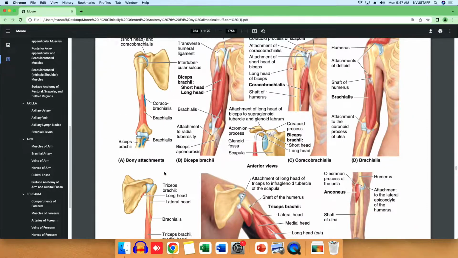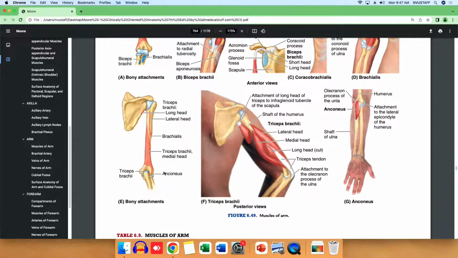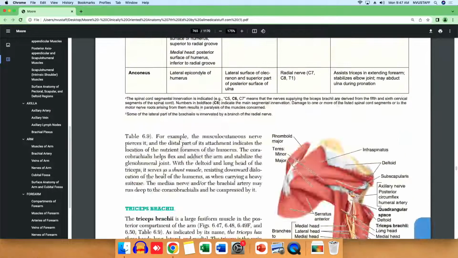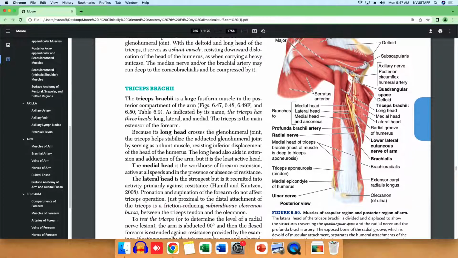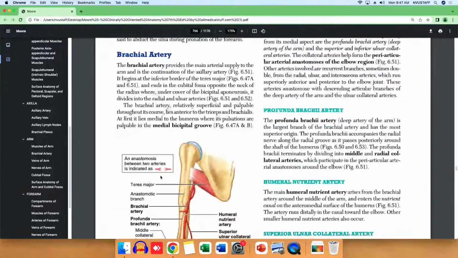So besides that simple explanation, which tries to show you at the beginning where the muscles are attached and how they are attached, you have additional figures for better understanding.